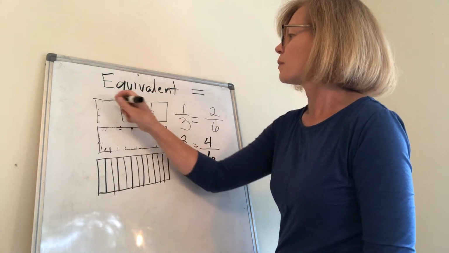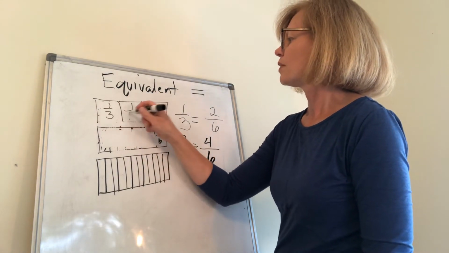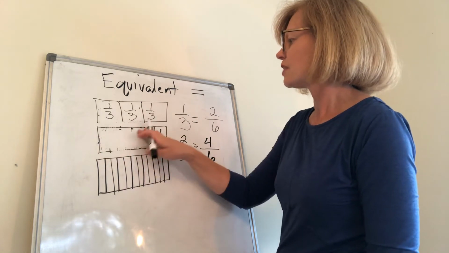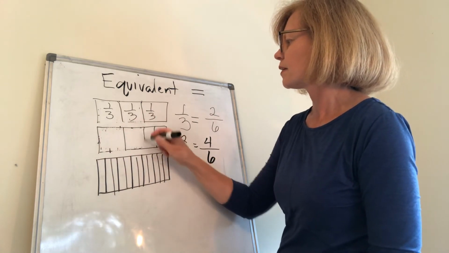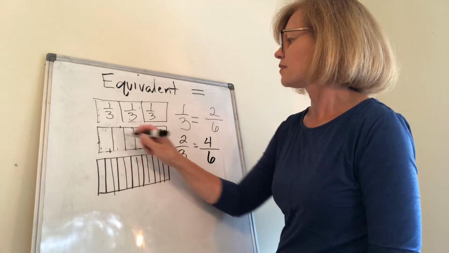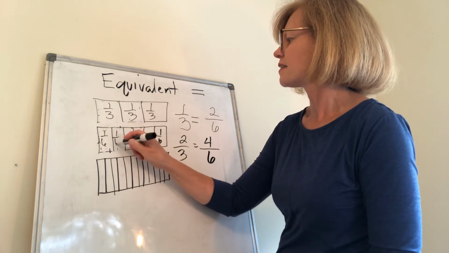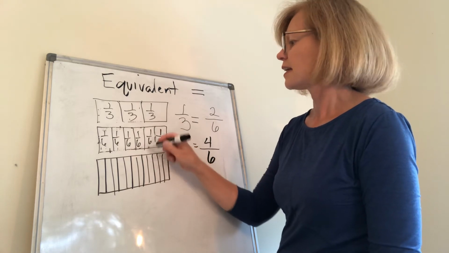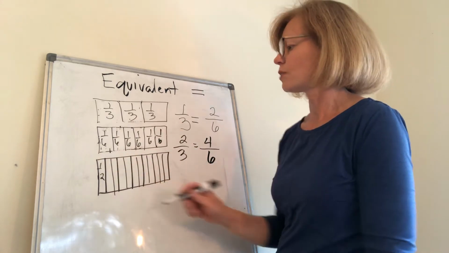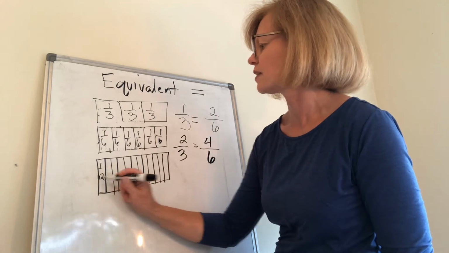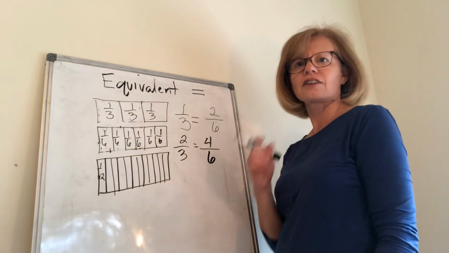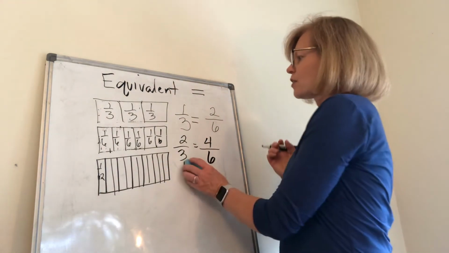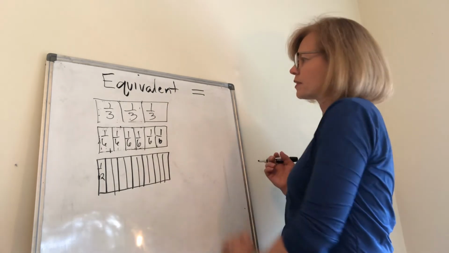So I've got my 1/3, my 1/3. Each of these spaces is divided into 6ths, and then I've got 12ths. And I'm not going to write 12ths for each of these, but you can see they're each 12ths. So let's look for some more equivalent fractions.